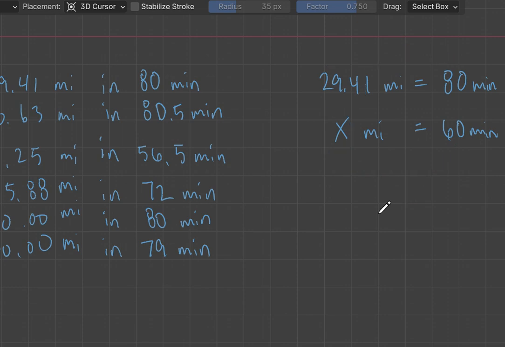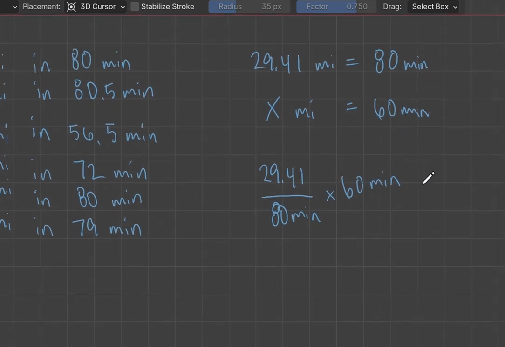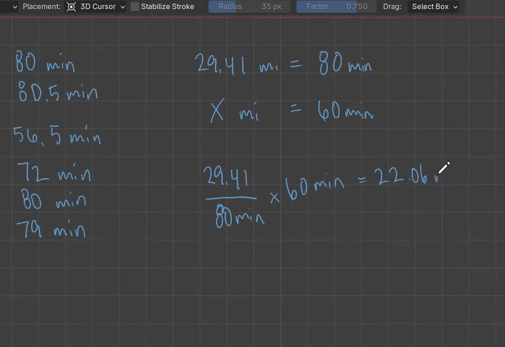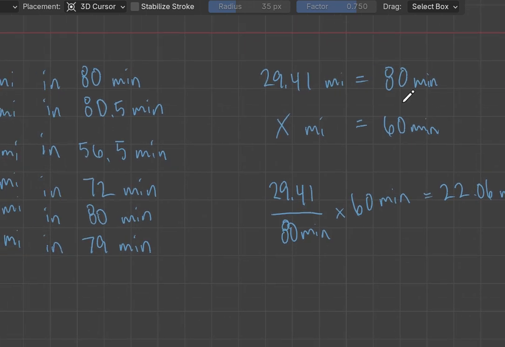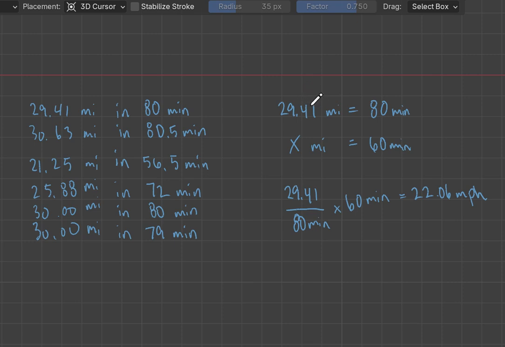So that's what I started doing: 29.41 divided by 80 minutes and then times 60 minutes gives you 22.06 miles per hour. So that's the first day. If I did 29.41 miles in 80 minutes, then I would do on average 22.06 miles in 1 hour.